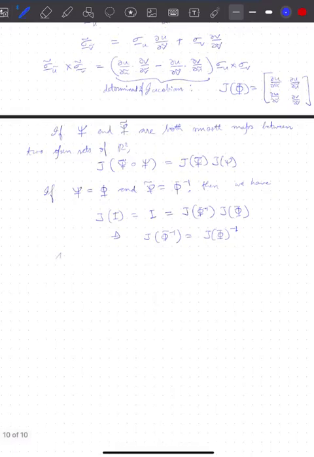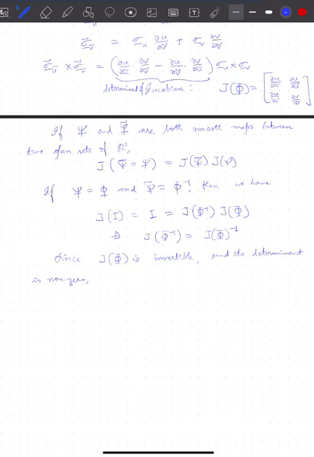So since the Jacobian of phi is invertible, its determinant is non-zero.